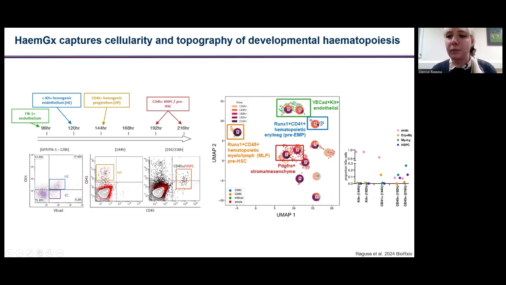And then at later stages, the CD45 population exhibits erythroid and myeloid markers and progenitor identity, which again is further reassurance that the process is not only cellularly accurate, but also follows a temporal sequence of events.